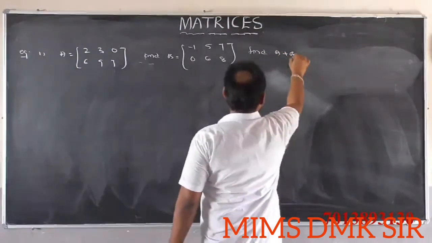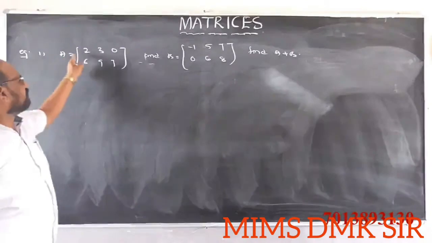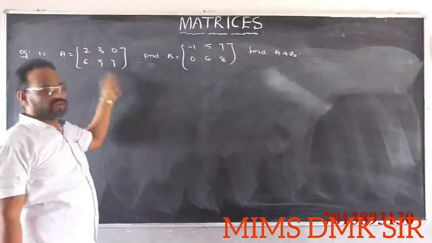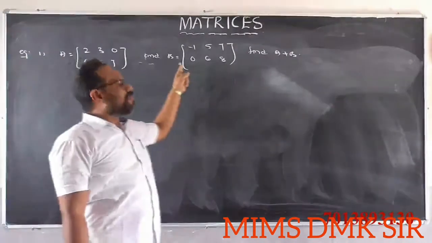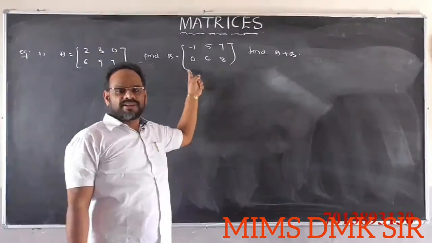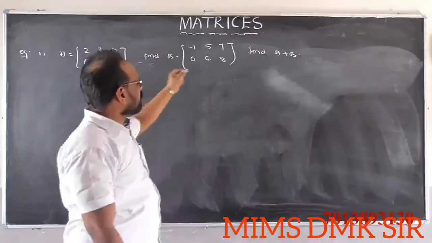Find A plus B. Observe here, the matrix A has 2 rows and 3 columns, so its order is 2 by 3. Matrix B order is also 2 by 3. So we want A plus B.